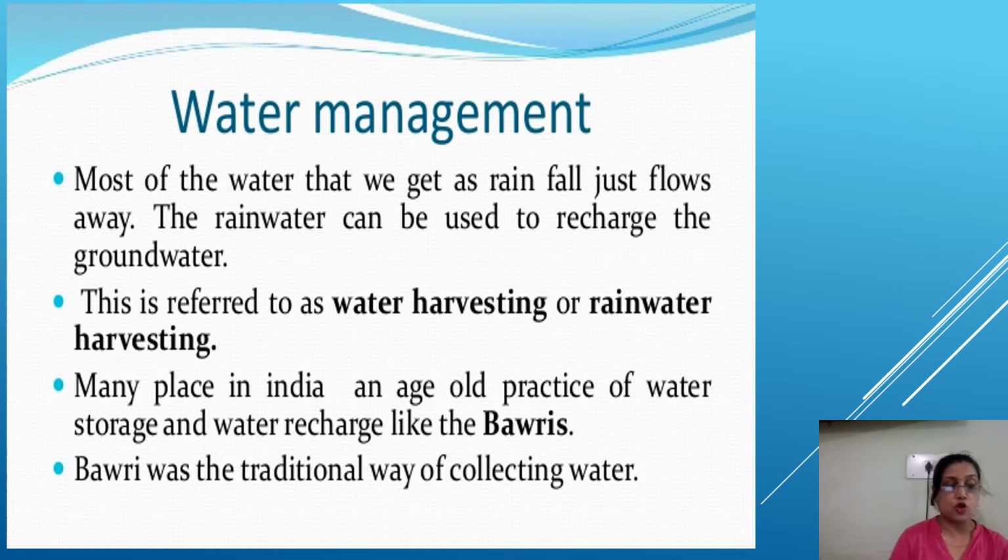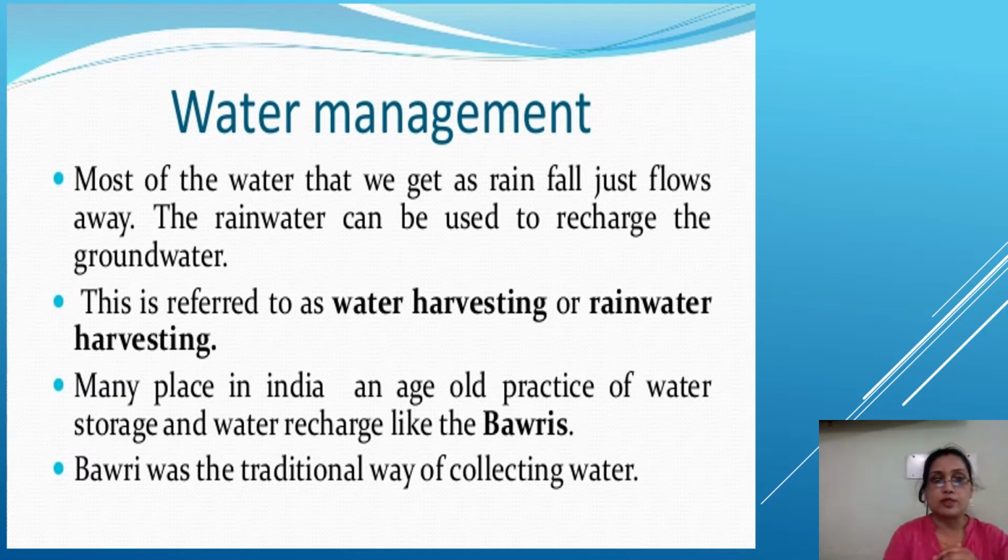The rainwater should not be allowed to flow into the drain. That is what we were discussing, water harvesting or rainwater harvesting. Most of the water that we get as rainfall just flows away. The rainwater can be used to recharge the ground.